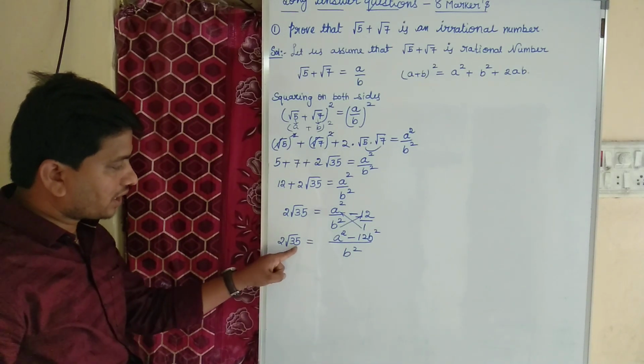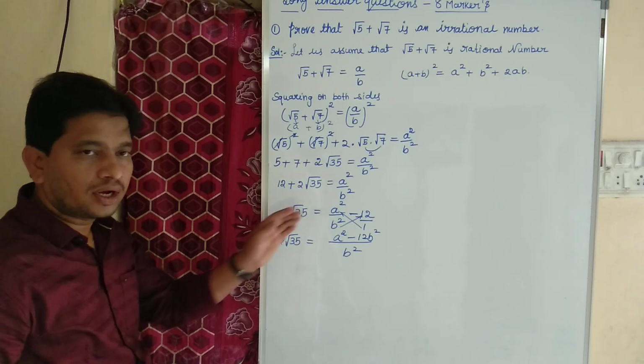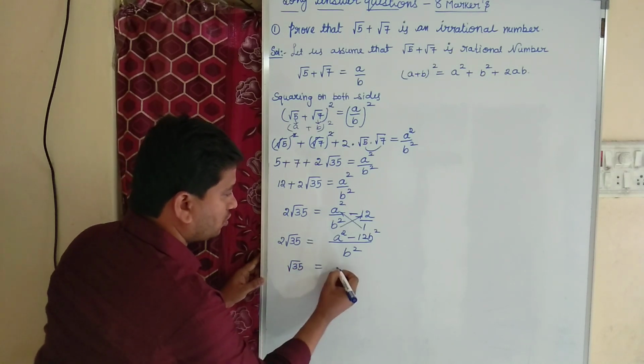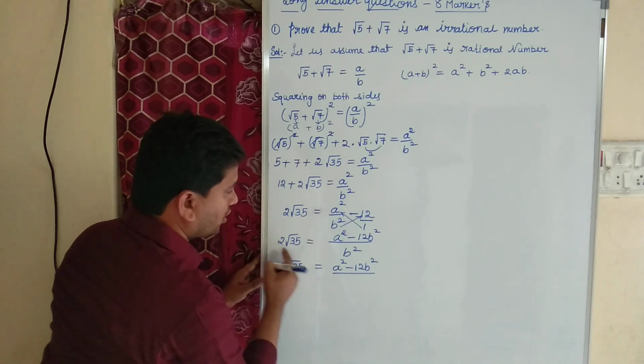Here 2 root 35 means 2 into root 35, and 2 is multiplying, so transpose. Root 35 equals (a square minus 12b square) by 2b square.